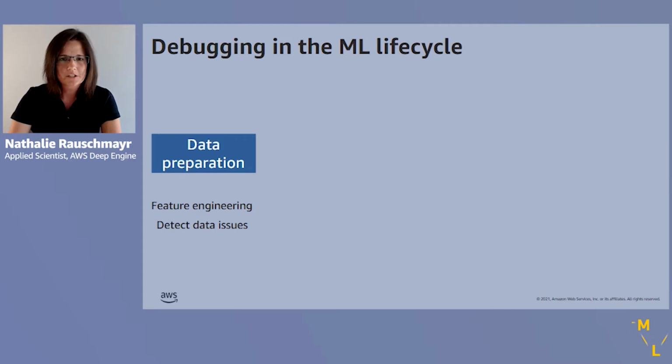During data preparation, we have to deal with feature engineering, deal with missing and corrupted data, and do data preprocessing. Debugging at this stage should help us to find dataset-related issues. For instance, if the data is not correctly preprocessed or normalized, then this may lead to a model that may not train well.